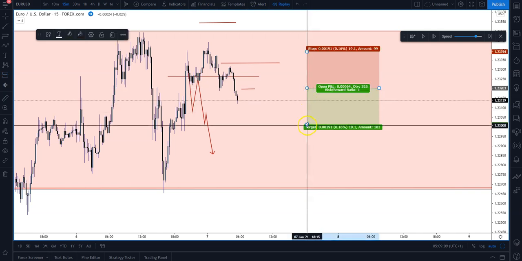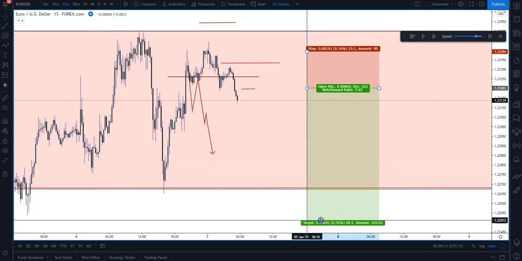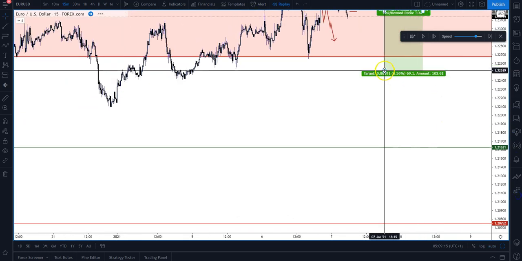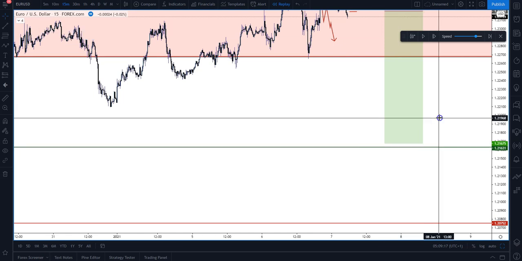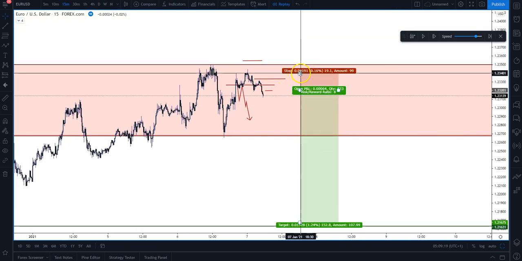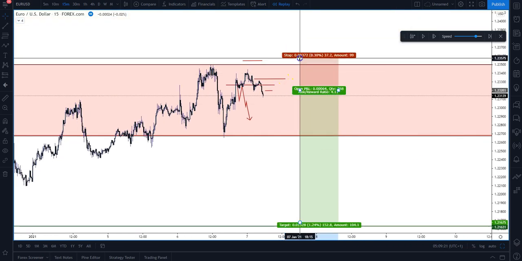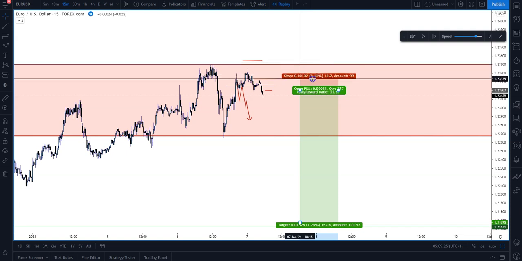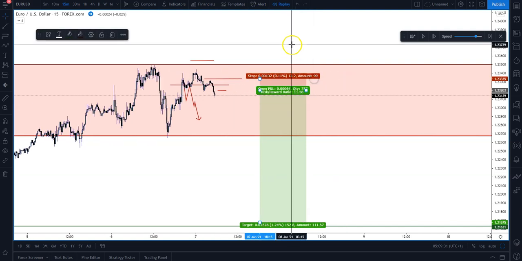From here to here. We could put our stop loss up here. This is a 40 pip stop loss, 30 pip stop loss. That's still decent. If you want to be extra, then you could put a stop loss right here, 13 pip stop loss.